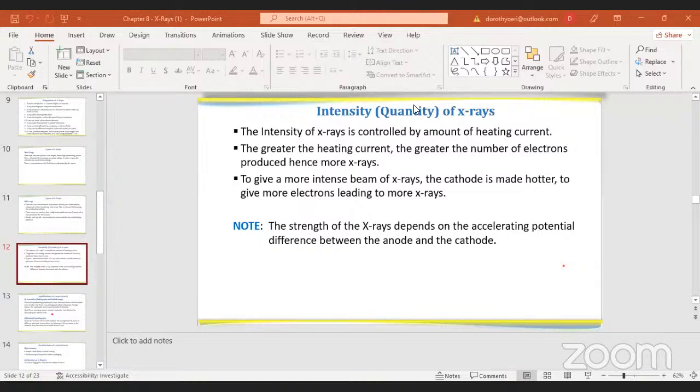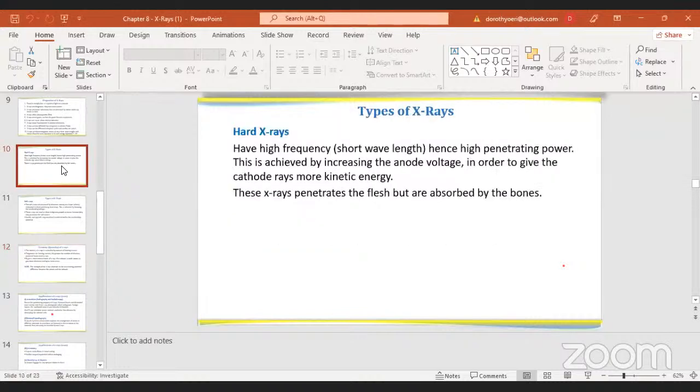Now, the strength of X-rays depends on the accelerating potential. Remember, I have talked about hard and soft X-rays. Those are the strengths we are talking about here. So that depends on the accelerating potential. If the accelerating potential is high, then you'll end up with hard X-rays.